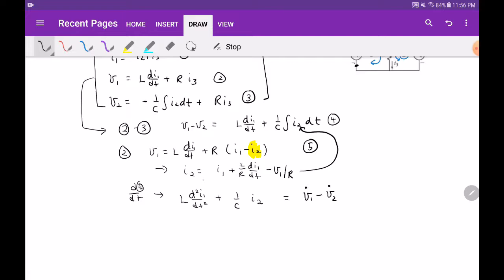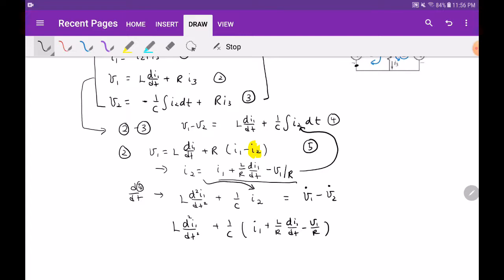So now my goal was to get rid of I2. I'm going to plug it in, and I have L d squared I1 over dt squared, don't forget the square, plus 1 over C times I1 plus L over R di1 over dt. I'm just replacing I2 with this expression.